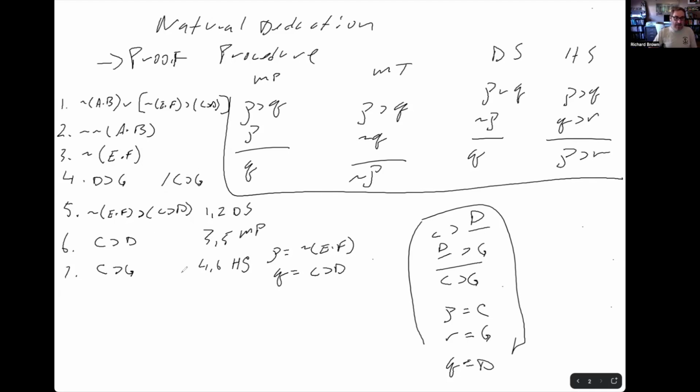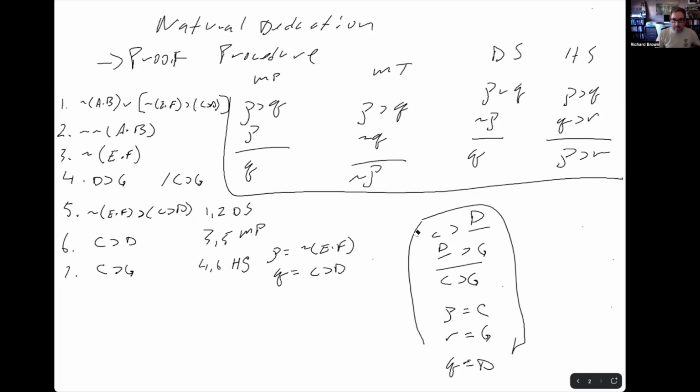And every step in between is one that follows from the premises and some application of one of our rules of implication, one of these rules that allow us to move from some premises to some other conclusion.